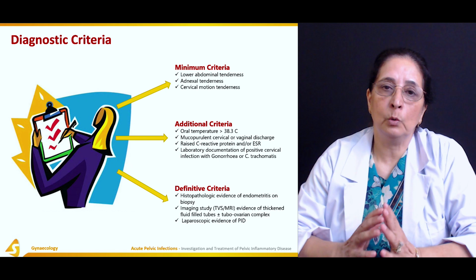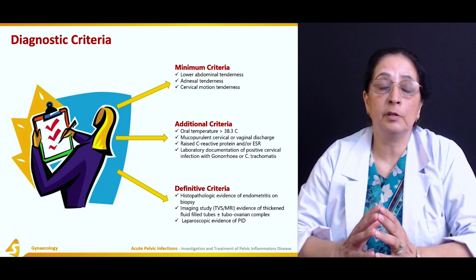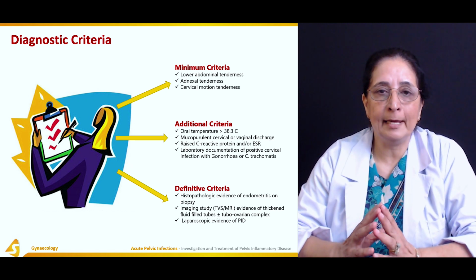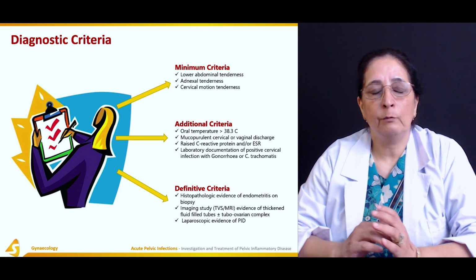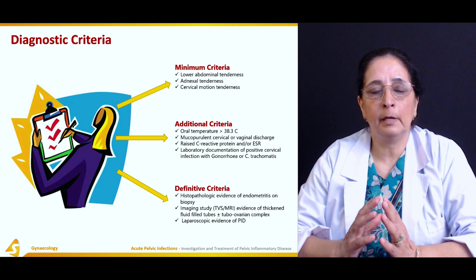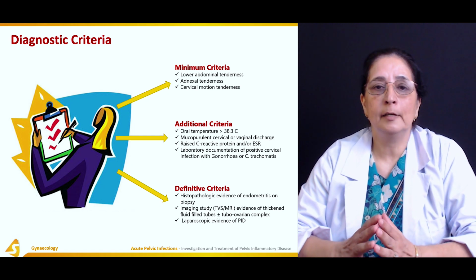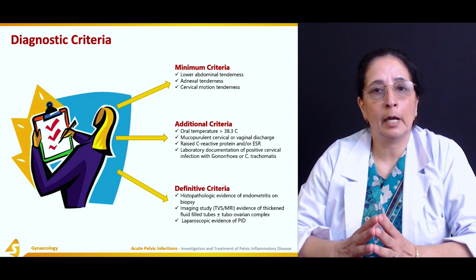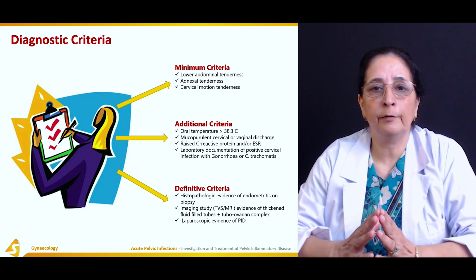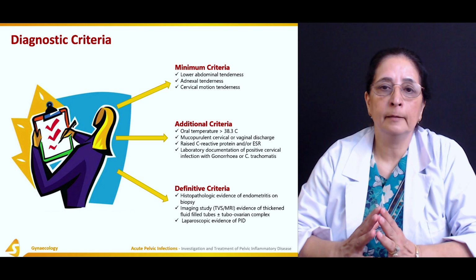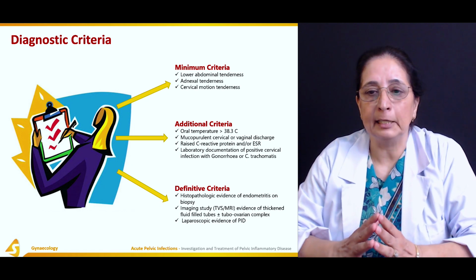Usually patients who have pelvic inflammatory disease complain of pain in the lower abdomen, and when we palpate, there is tenderness in the lower abdomen, and there is tenderness on motion of the cervix on the pelvic examination.